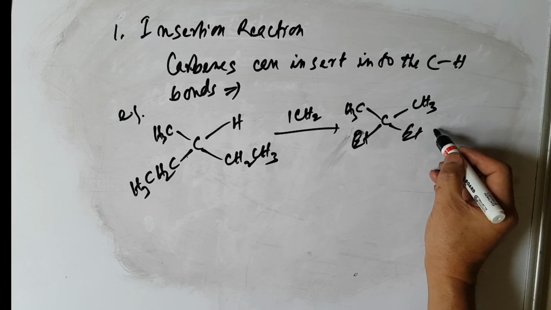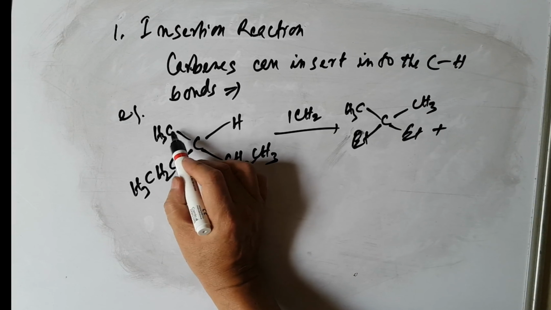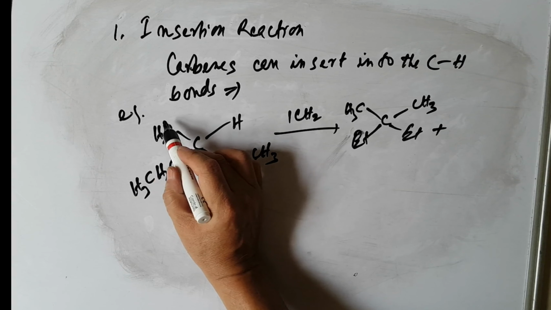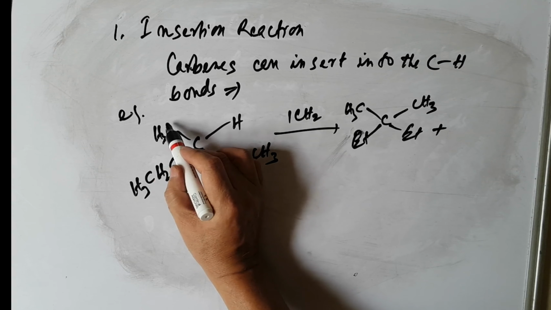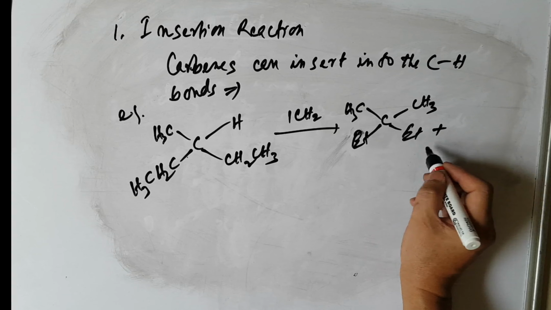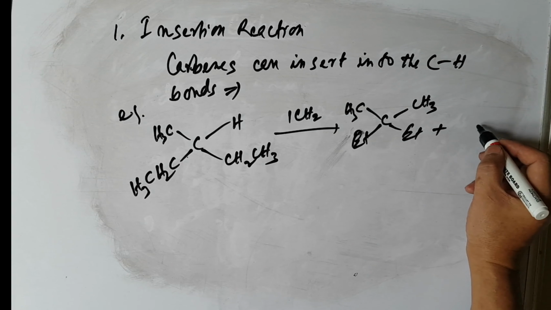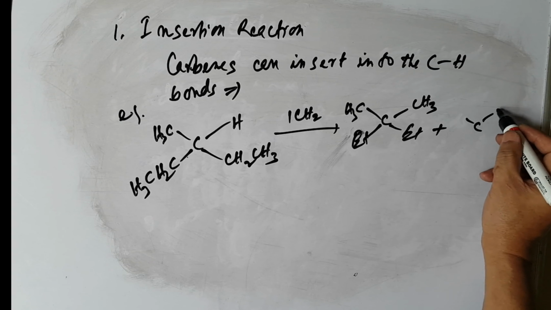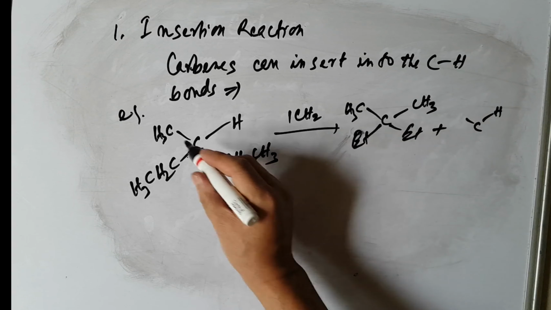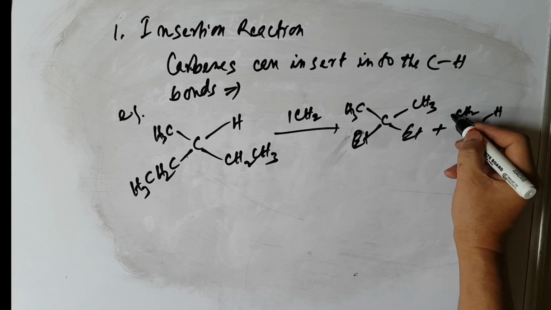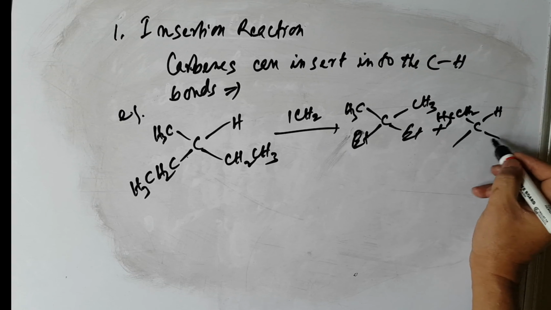Then you can get another product also, in between these two. So you can have another product: C, hydrogen here intact, and this one CH2CH3, ethyl.